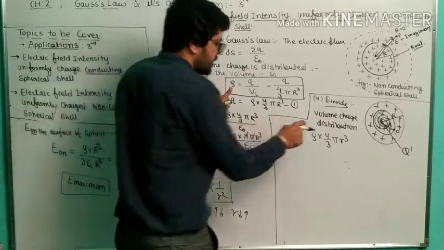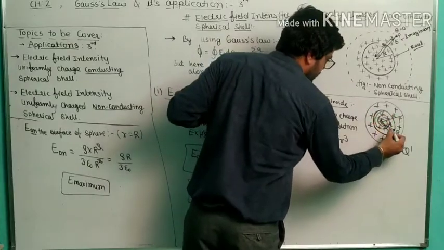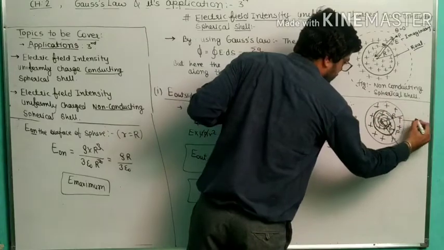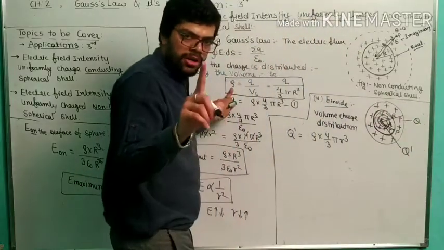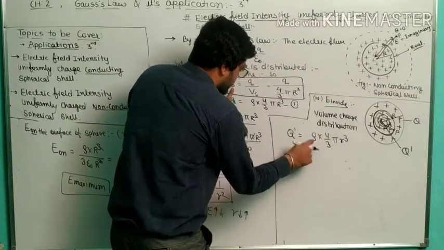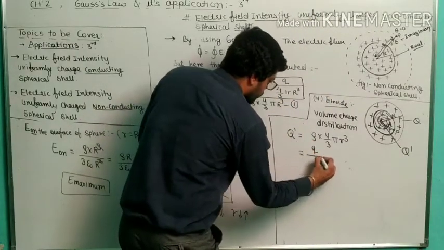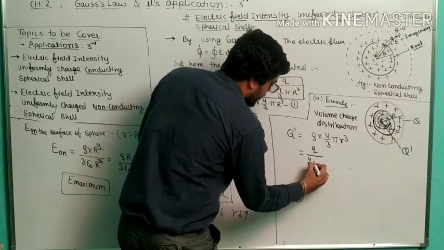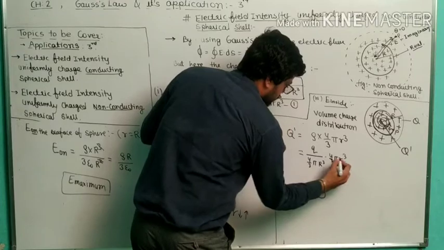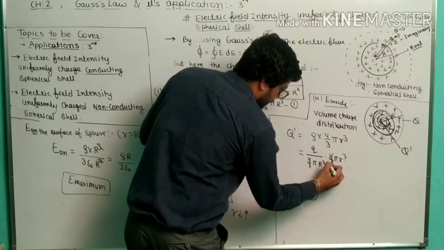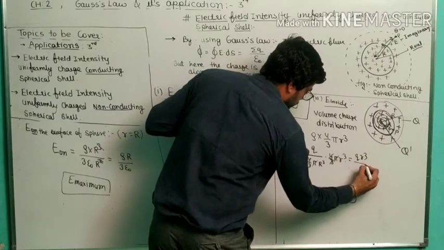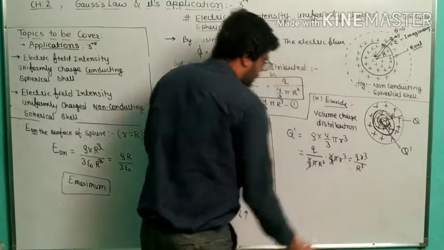This sphere has whatever number of charges, it is called Q dash. The whole total charge is called Q. But we are not considering total Q, we are only considering Q dash. So now we replace this rho by Q upon 4 by 3 pi R cube multiplied with 4 by 3 pi small r cube. So 4 by 3 cancels, pi cancels, and we get Q r cube upon capital R cube.